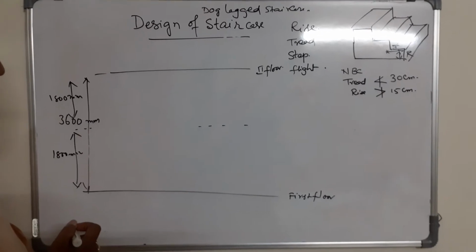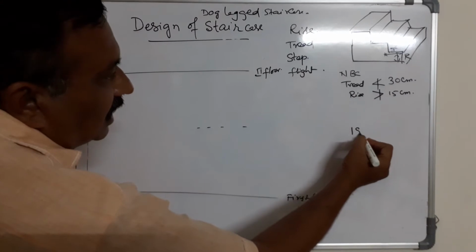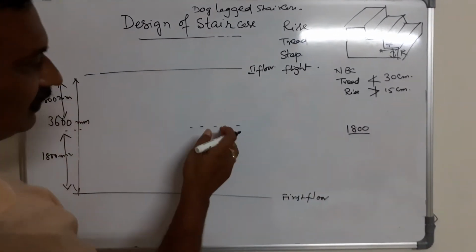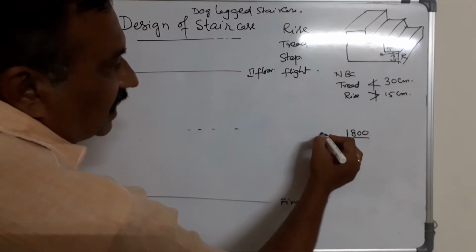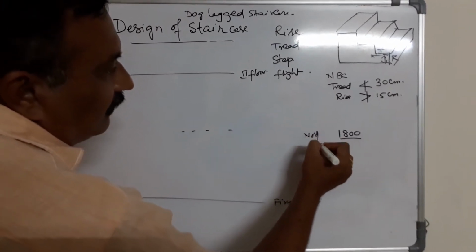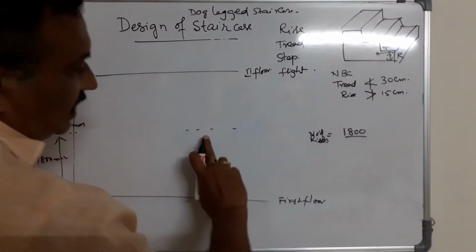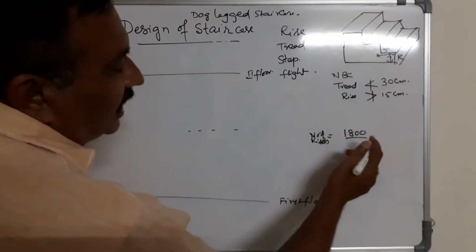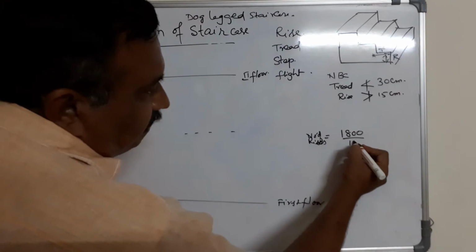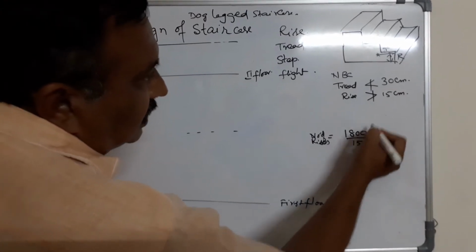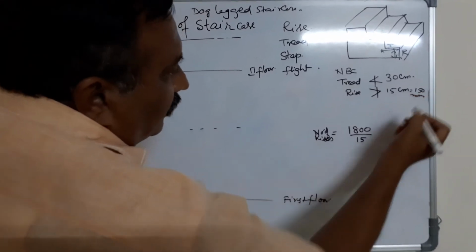Suppose 1800 is the height of one flight. In order to get the number of rises, I divide the vertical height 1800 by 15 centimeters, that is 150 mm.